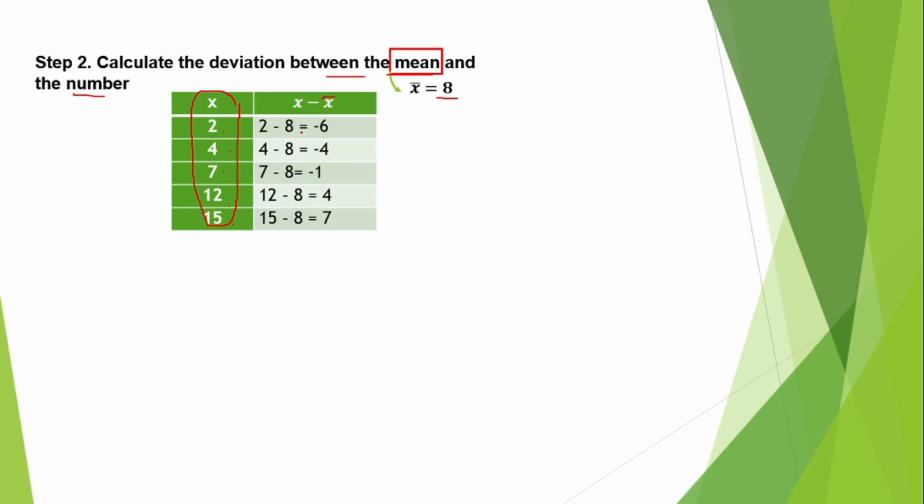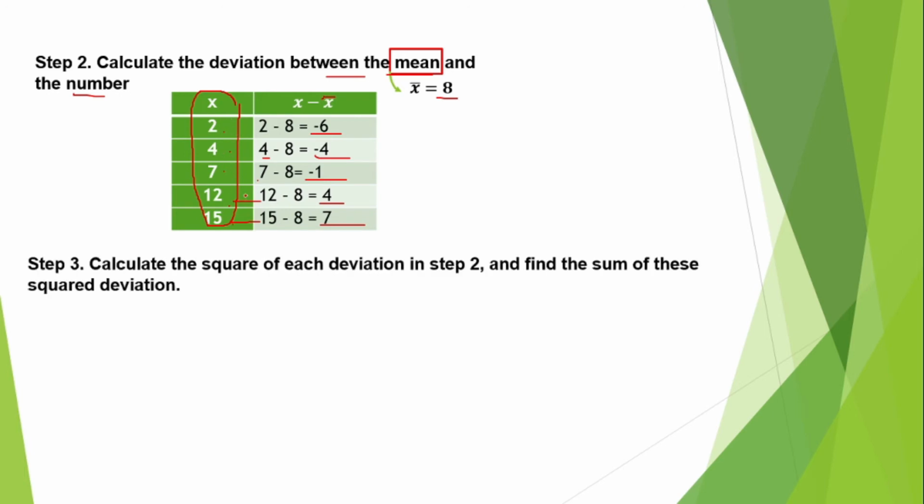So, 2 minus 8, we have negative 6. 4 minus 8, negative 4. 7 minus 8, negative 1. 12 minus 8, 4. And then 15 minus 8 is 7. So, here we need to subtract one by one the given set of numbers.